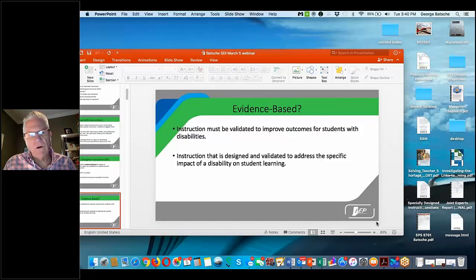And one of those critical questions that I have for you to chew on when you go back to the ranch is, what evidence do you have that in your planning meetings, in your lesson planning meetings, in your IEP discussions, in your PLCs, when it comes down to designing specially designed instruction for kids with disabilities, is there explicit discussion about how or where that instruction came from, and that it is specifically evidence-based for, let's say, a student with a learning disability acquiring comprehension skills?